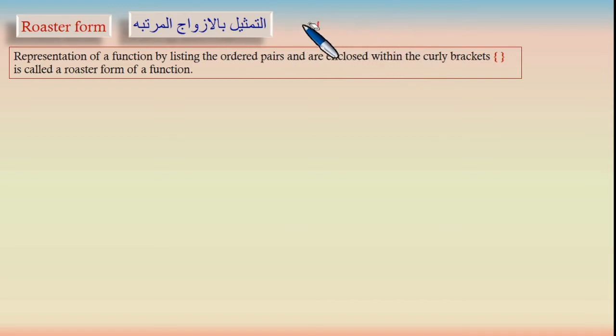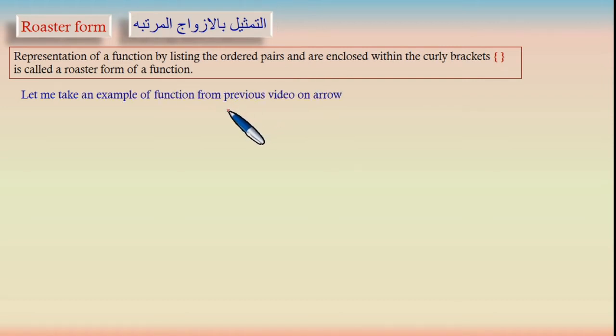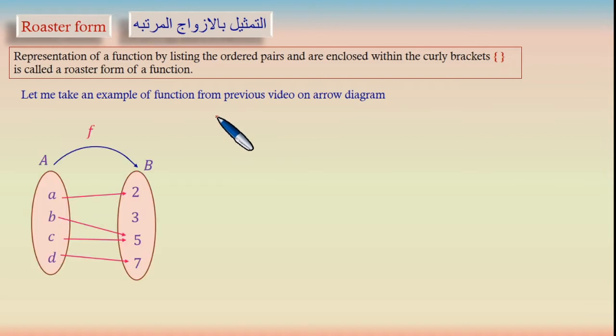So let me take an example of a function from a previous video on arrow diagram. This is the representation of the function in an arrow diagram. The same function can be written in the roster form. See here, f equal to, open the curly bracket. Now here you can see A maps with 2, so this can be written as (A, 2).